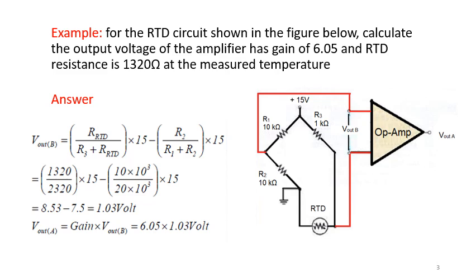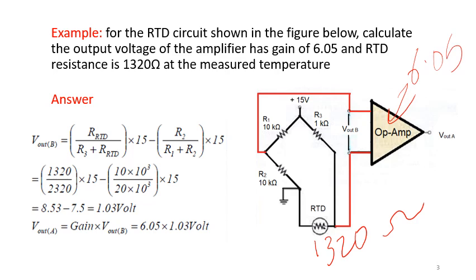Another example here, he's saying for the RTD circuit shown in the figure below, calculate the output voltage if the amplifier has a gain of 6.05. RTD resistance is 1320. This RTD is 1320 ohm, and the gain of this amplifier is 6.05.